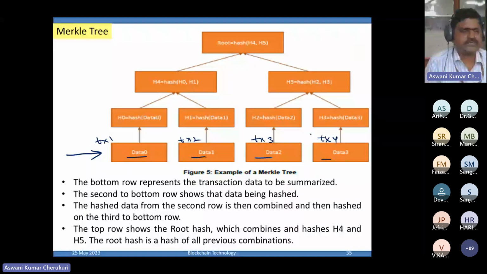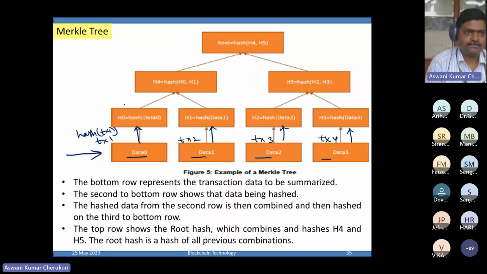Imagine you have 4 transactions. The bottom nodes are transactions. What happens? You take every transaction and create a hash of it: hash of transaction 1, hash of transaction 2, hash of transaction 3, hash of transaction 4.